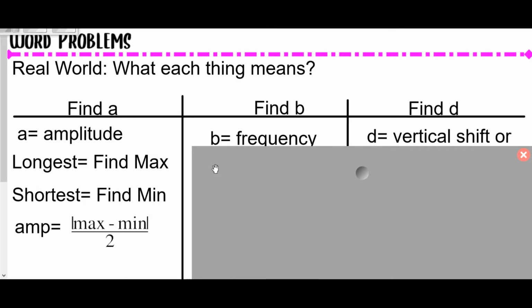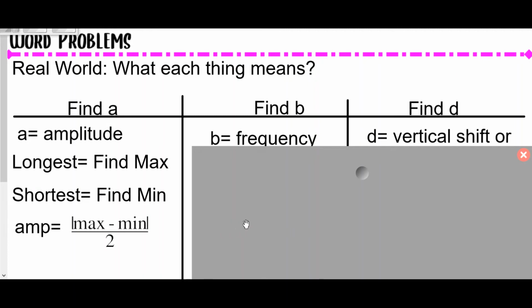They might say their highest heart rate was 120 and their lowest was 70, so their max value is 120 and our min value is 70. Another equation that might help is the amplitude equation: the amplitude is just the max value minus the min value over 2. That might be helpful.